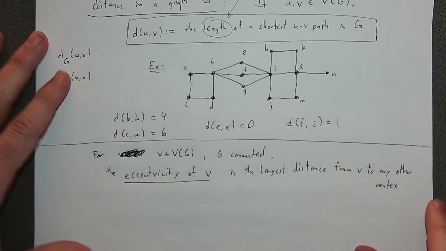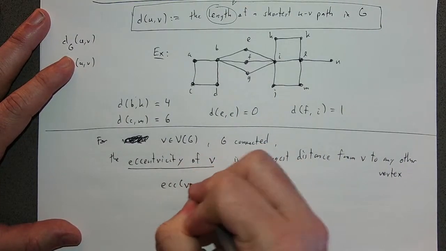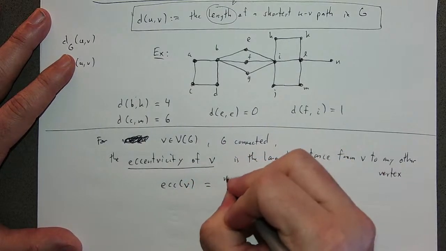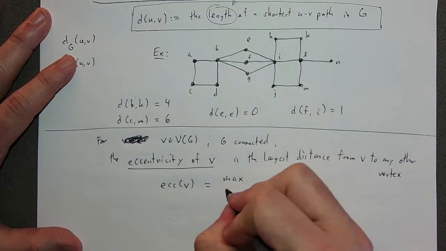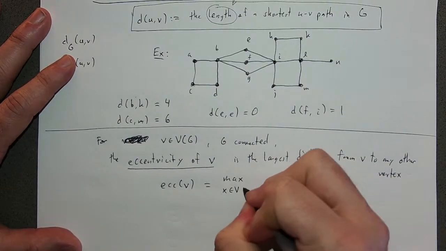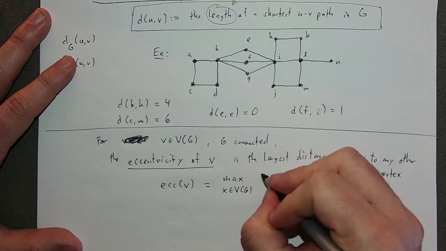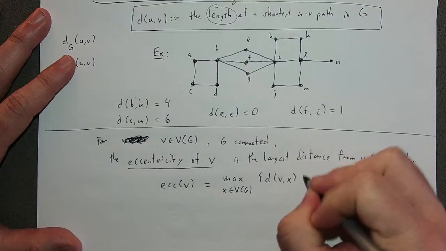So this is written as ec(V). This is defined to be the max over other vertices X in the vertex set of G of the set that is all the distances from V to those vertices.